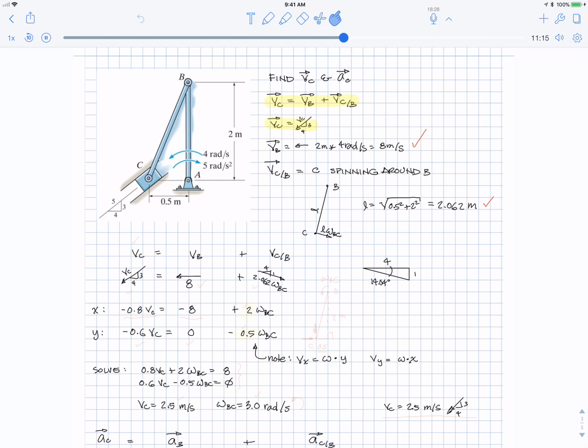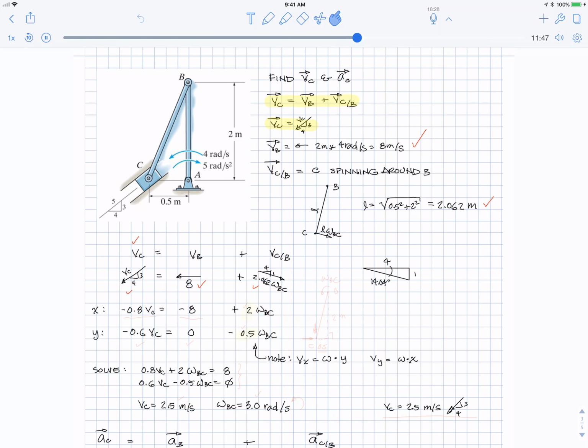So writing all this out, we have the velocity of C, which I've assumed is going downhill at 3, 4, 5 right here, equals velocity of B, which we know is 8 meters per second going to the left, plus the velocity of C relative to B, which I'm assuming is going down and to the right at this 1 to 4 pitch that's given by the geometry there. And it's L times omega, and we figured out the length was 2.062 meters times the unknown omega.